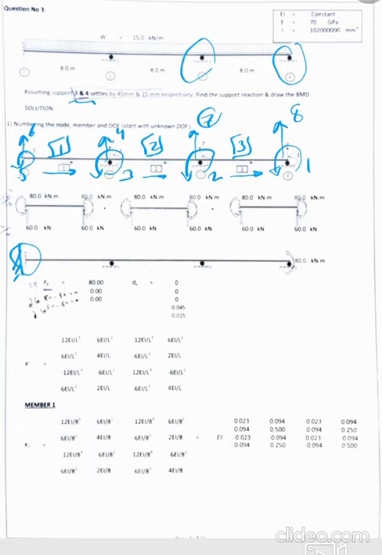So change it to fixed. Here this is the fixed end for member number 1, and also fixed from both sides for member number 2, and this is the fixed end for member number 3.